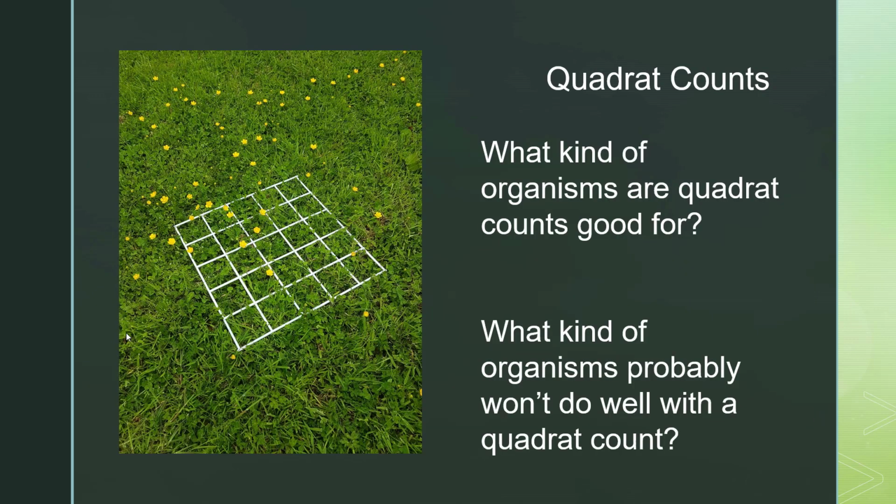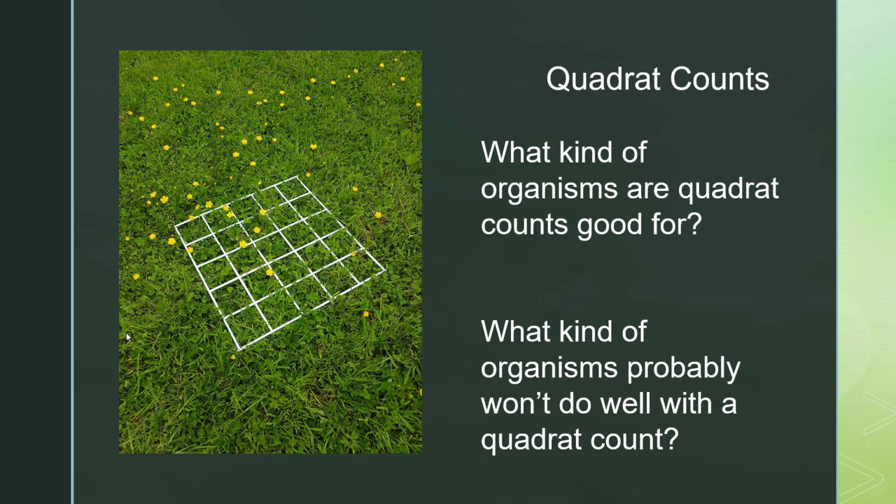Quadrats usually work best for things that stay put. So think about grasses and flowers and trees, and if you're out in the ocean, anything that kind of stays on the ocean floor. So organisms associated with a coral reef, not the fish, but clams and sea urchins and sand dollars. Those things move, but very slowly.